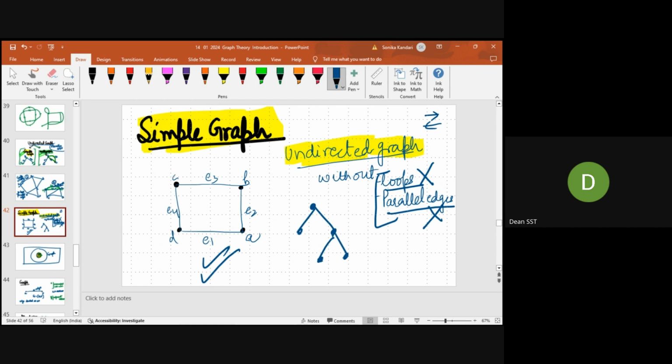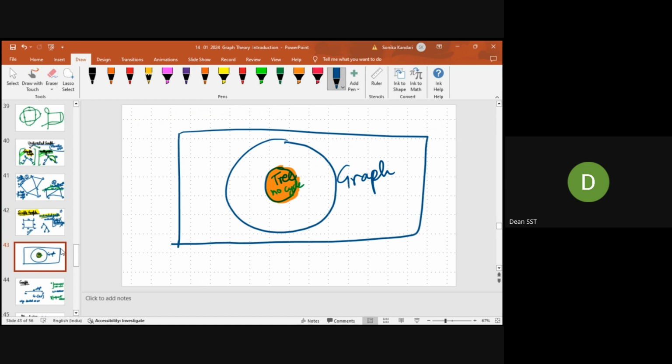Now we all know that a tree is also a graph. What is the actual difference between a tree and a graph? See, this screen is visible to all of you. So see, this is a graph.